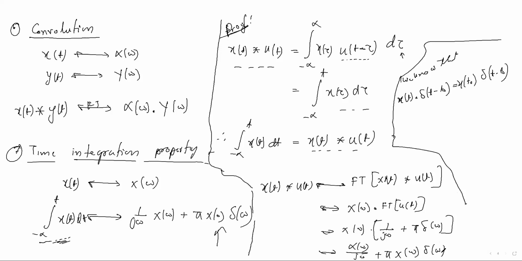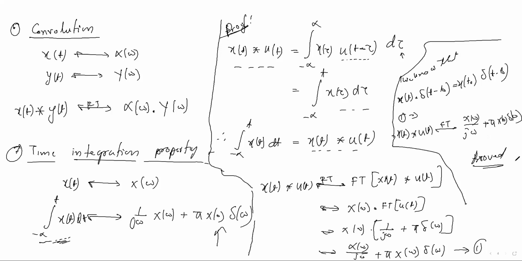Here t naught is 0, so we can write x of 0. Then the Fourier transform of x of t star u of t is X of omega by j omega plus pi X of 0 delta of omega. This is proved.